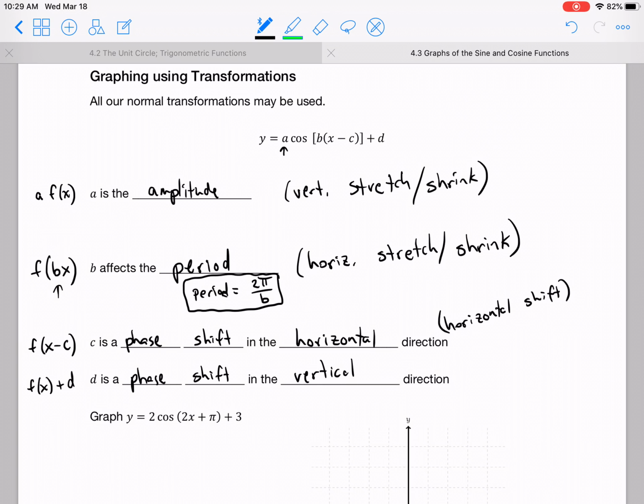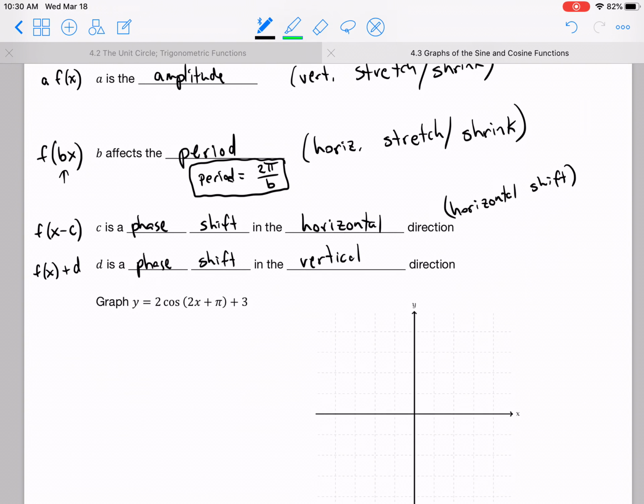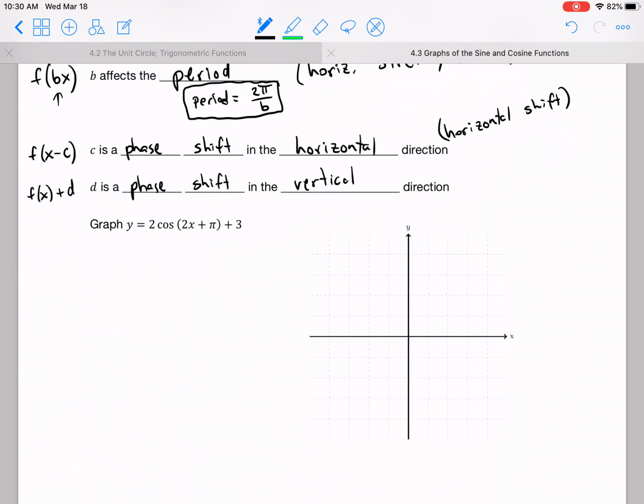So let's take a look at this first graph here. We've got regular old cosine of x. So the very first thing I want to do is just sketch in the cosine function. So if this is 1, this is going to be -1. Now remember, cosine started up here at 0, 1. We're going to make each one of these a value of pi.